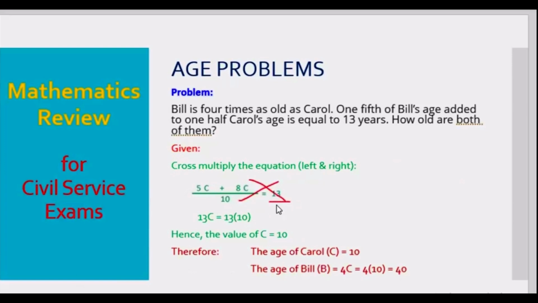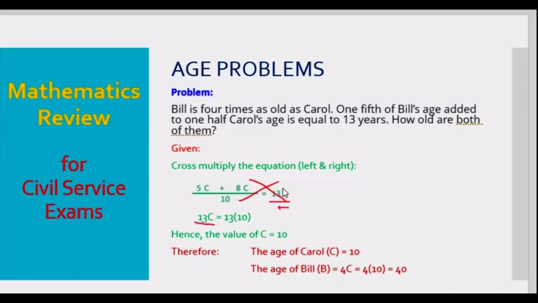Yung 13 kasi automatic yan naging over 1. So, itong 1, multiply mo dito, so it will just remain. Yung 5C plus 8C is equals to 13C. Multiply mo lang 1. So, 13C lang siya.